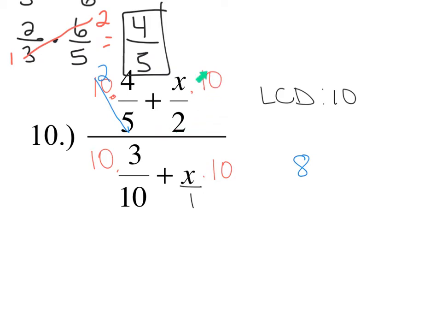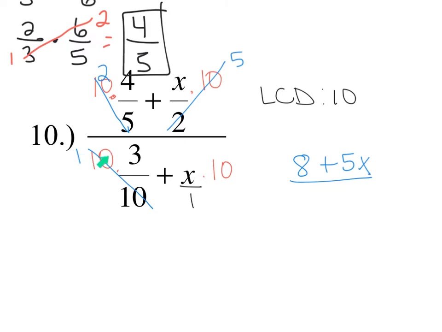And then in the second fraction, my 10 can be divided by 2. 10 divided by 2 is 5. And then I'm going to multiply x times 5, which is just 5x. In the denominator, you have the 10 divided by 10, which is just 1.